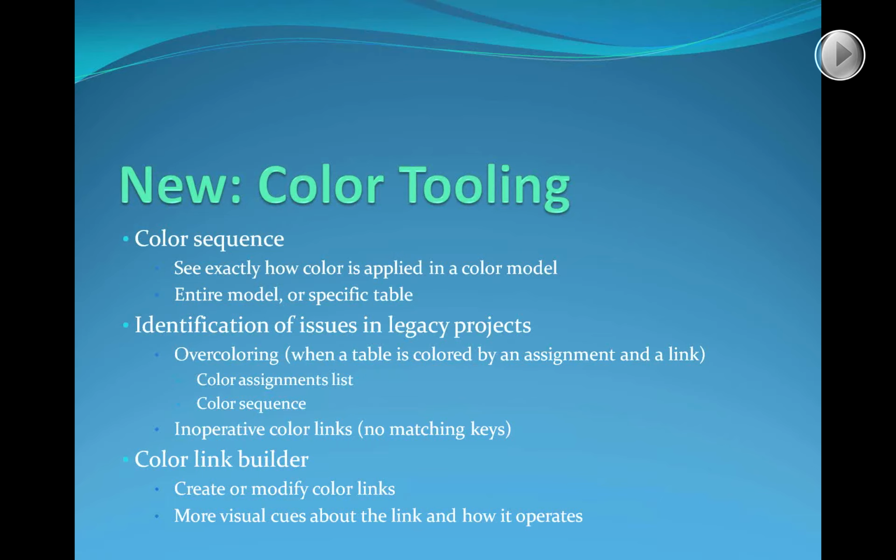So no color would be propagated, and this could be a source of confusion. The next new tooling item is a new color link builder. It can allow you to create and modify color links, and it's a little bit more visual and gives you more cues about the link as you're building it and how the link is going to operate.